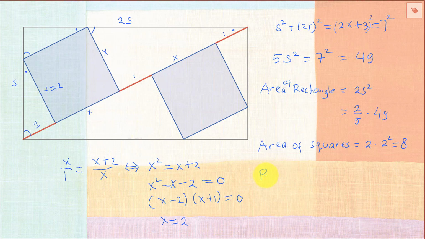So the proportion that we are looking for, the squares compared to the rectangle, is equal to 8 over 2/5 of 49. If we simplify, 40 divided by 2 is 20, so we get 20 over 49. And we are done.